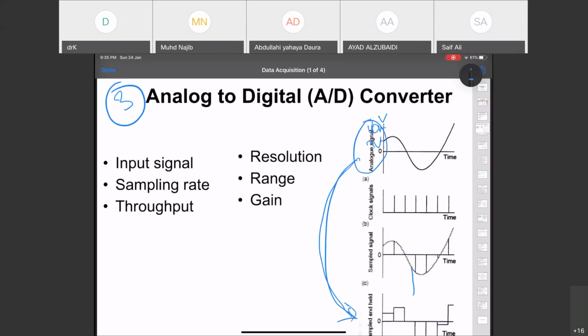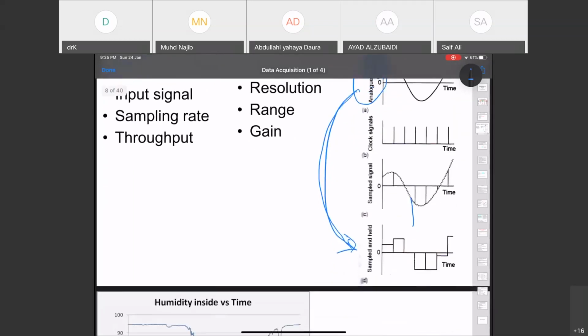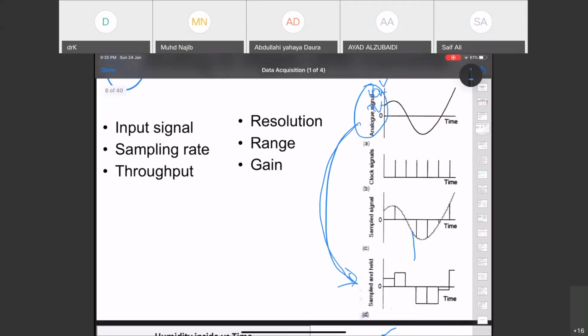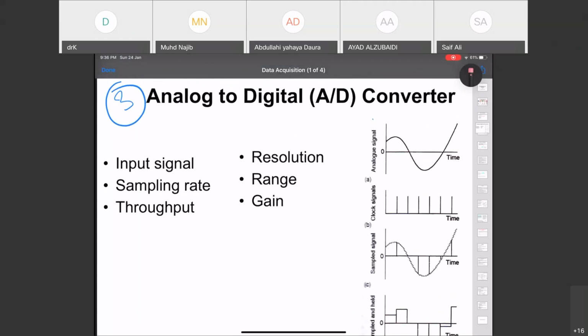This is basically the transition that they are showing. So when you talk about A to D, first you have to understand that the input signal is any kind of analog signal.